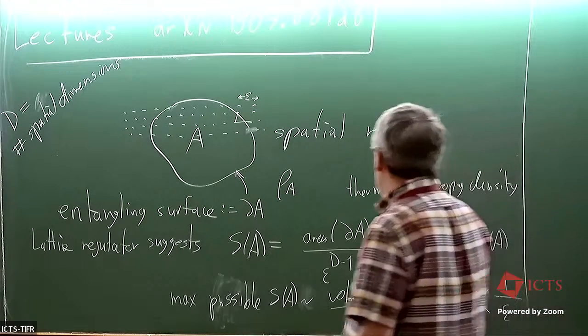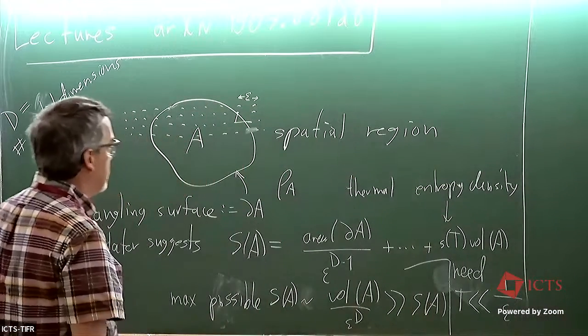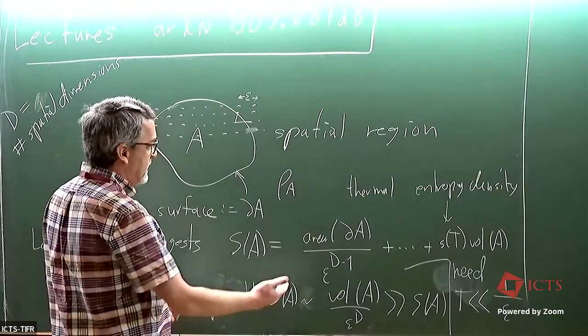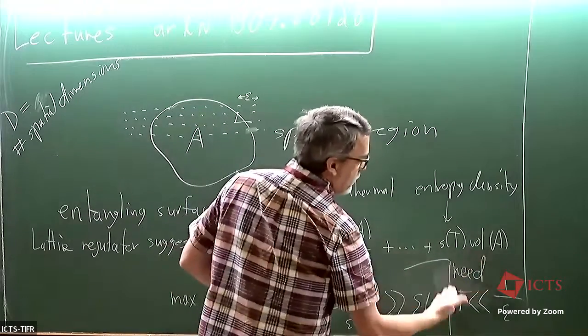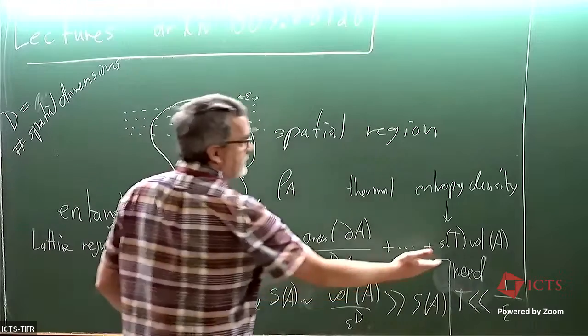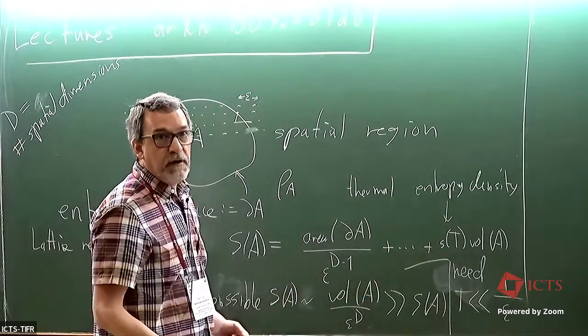Well, that'll actually depend on parameters because they just have different parametric dependencies. Even if we satisfy this requirement, if you make the region large enough, it could happen that this is actually larger than this for a fixed cutoff.